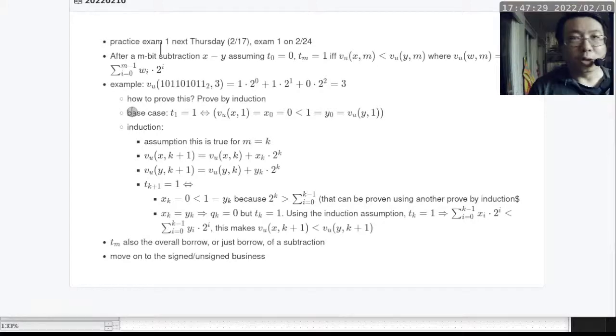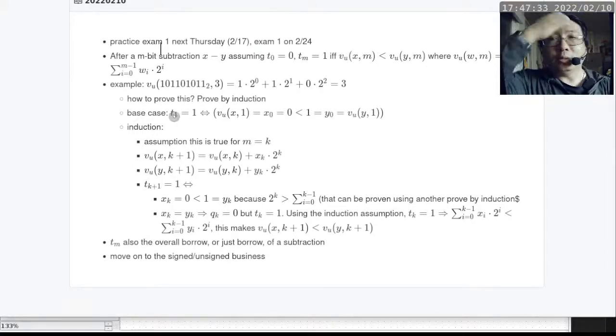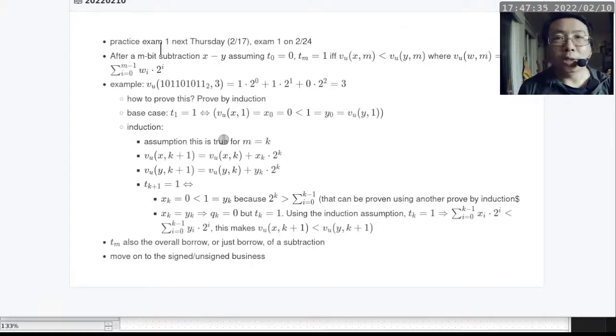Okay, cool. So the proof is down here. We have a base case where t1 is a 1 if and only if, so basically I substitute m equals 1, and in here, the only time t1 is a 1 is when x0 is a 0, and then y0 has to be a 1, and that's the only time you end up with t1 being a 1.